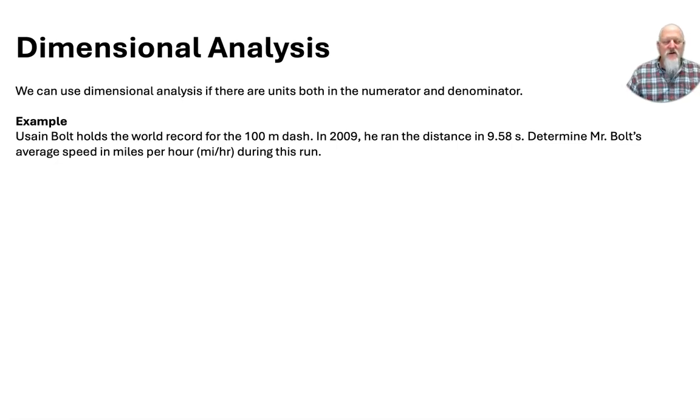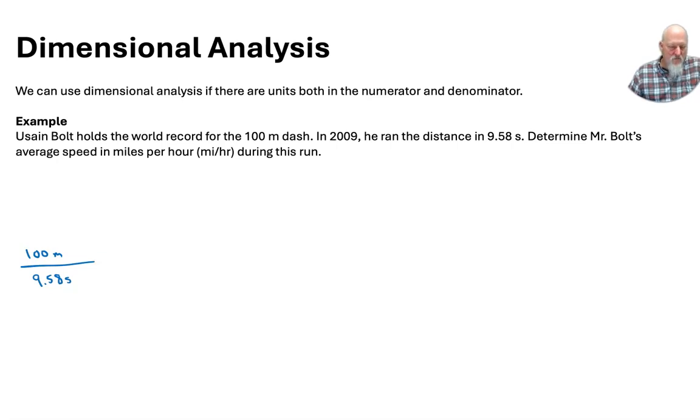All right. So let me set this up for you. We have that he ran 100 meters. We'll assume that that's exact. It's not quite, but it's not going to be the thing that limits our precision. 9.58 seconds. So we have meters per second. We have a distance per a time. And we want to convert that to miles per hour.